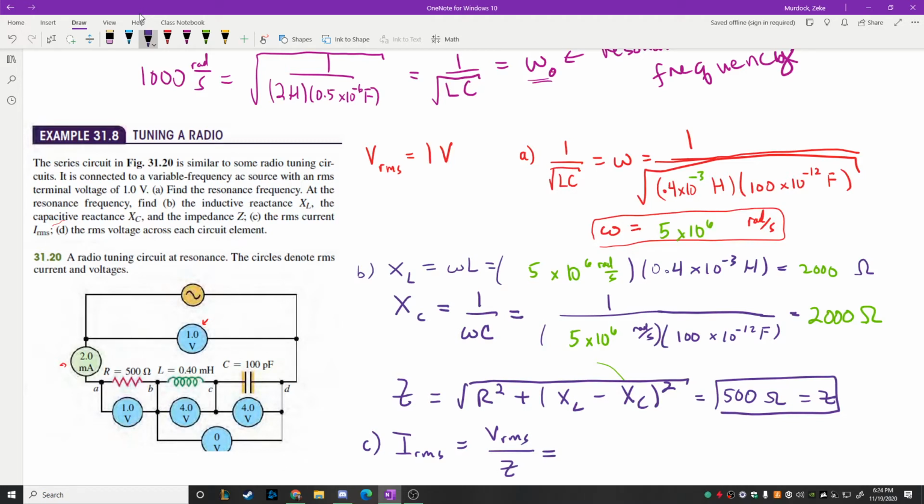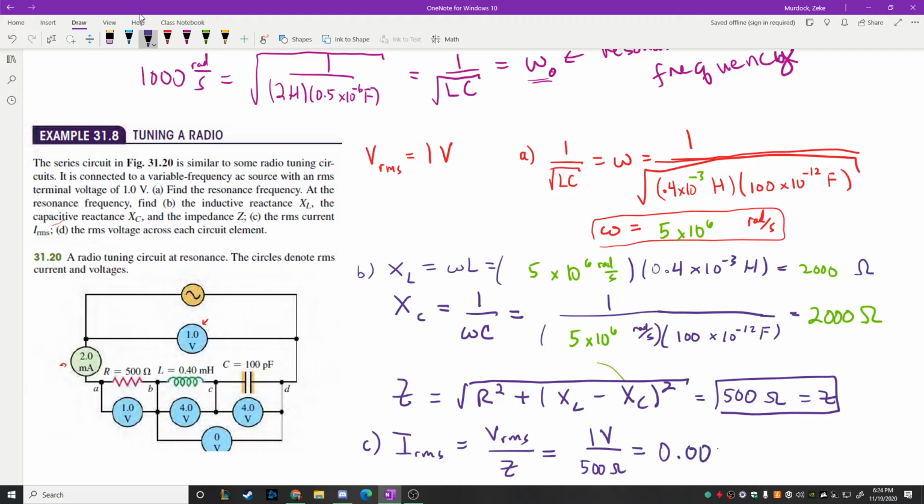So the RMS was 1 volt, is that right? Yep, 1 volt. And we divide that by 500 ohms. So we'll end up getting something like 0.002 amps.